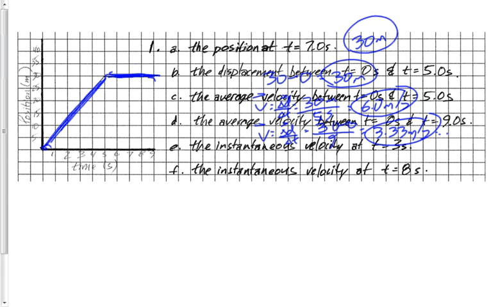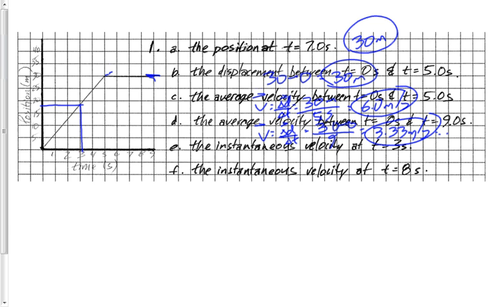Okay, what's the instantaneous velocity at 3 seconds? What do I do here? Let's say at 3 seconds, it's going to be what? It looks like about 18. 18 divided by 3? No. Well, turns out that it works out to be the same answer, but only by coincidence, okay?